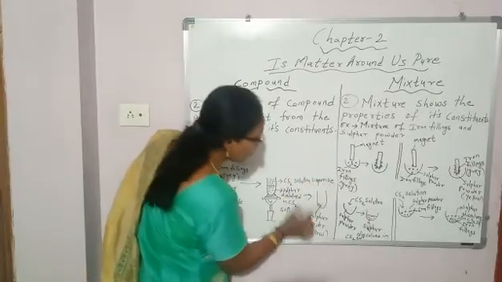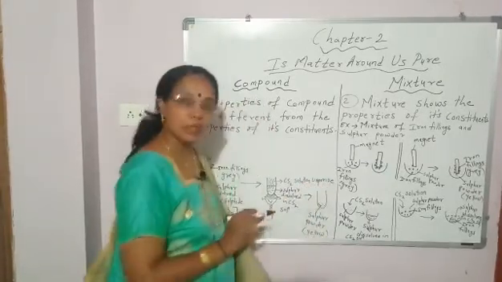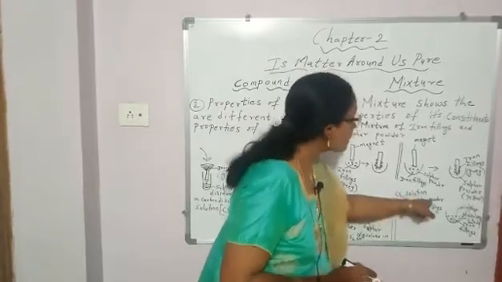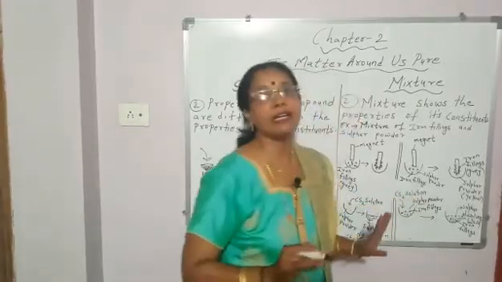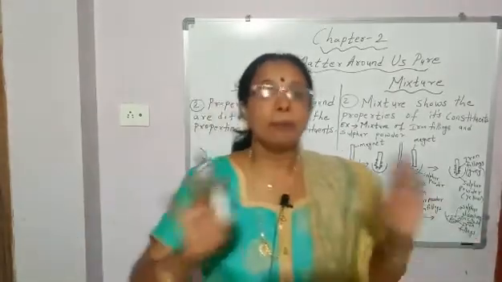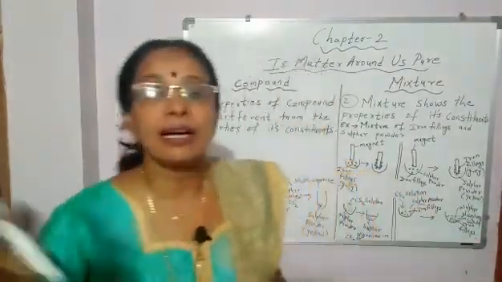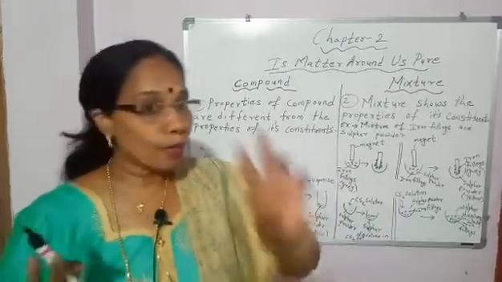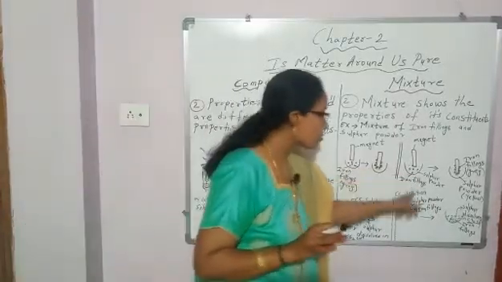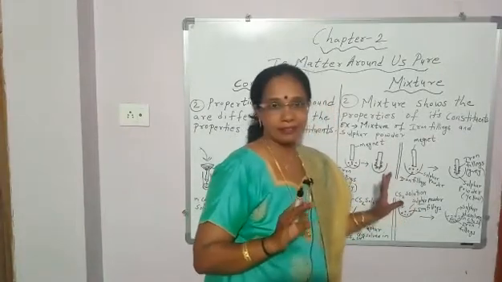So, by evaporation, you separated sulfur powder. What were the two constituents in this mixture? Sulfur powder and iron filling. So, you separated them easily by simple physical methods.